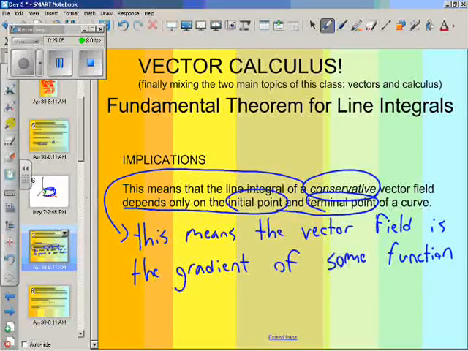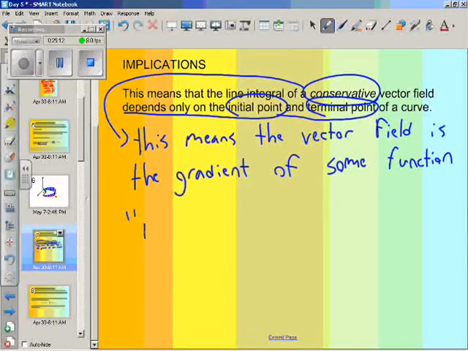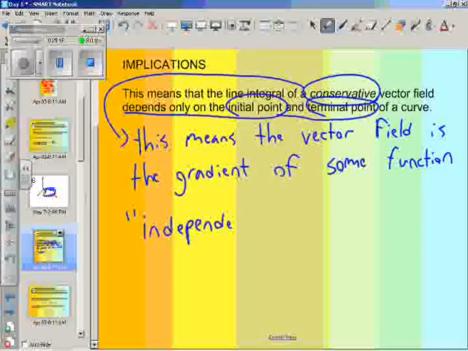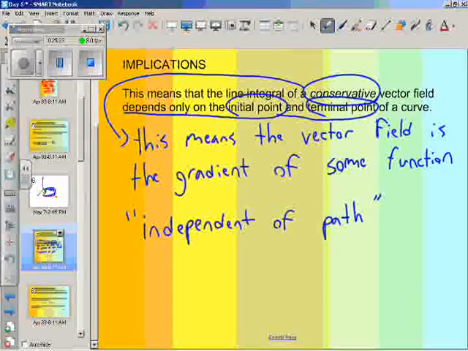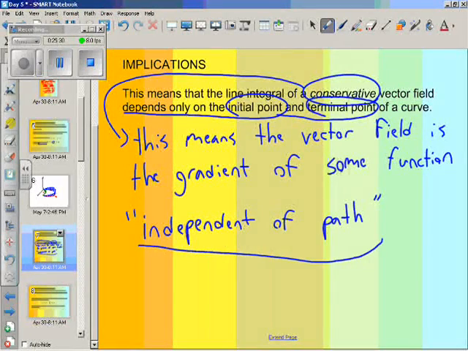It's totally independent of path, and so we actually call that independent of path. So if a vector field is the gradient vector field of some function, then that vector field is independent of path.